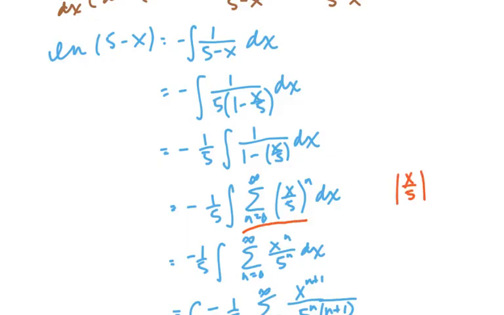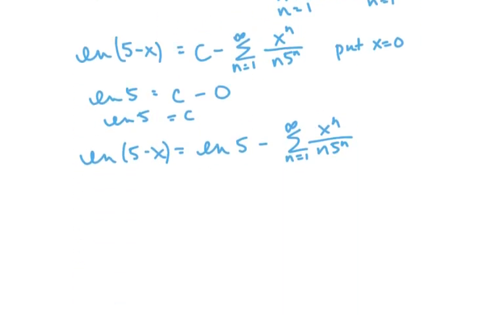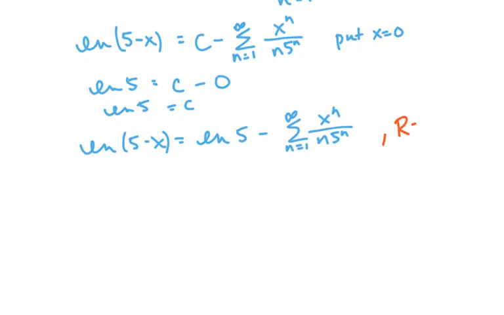So I put absolute value. Since it's geometric, r equals x over 5. So this means that our convergence is the absolute value of x over 5 less than 1, so the absolute value of x is less than 5. So our radius of convergence is 5 for the power series. So down here, our radius of convergence is still 5.